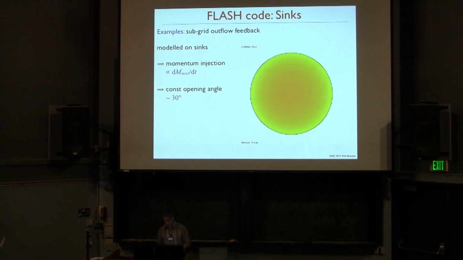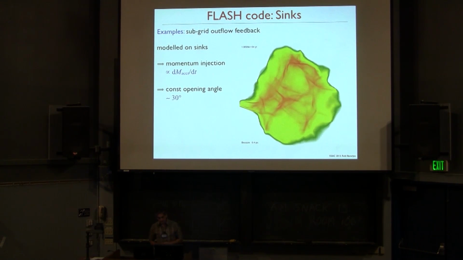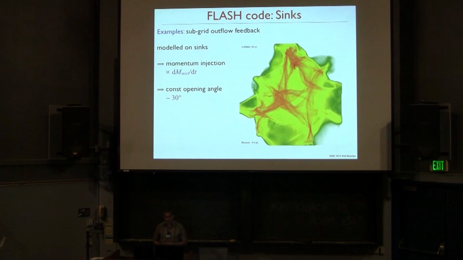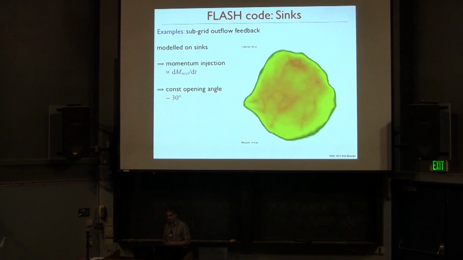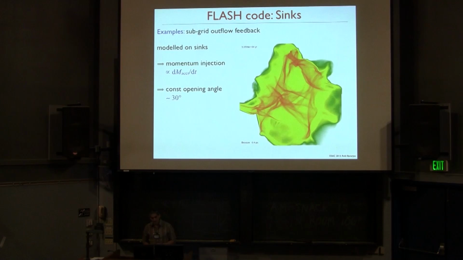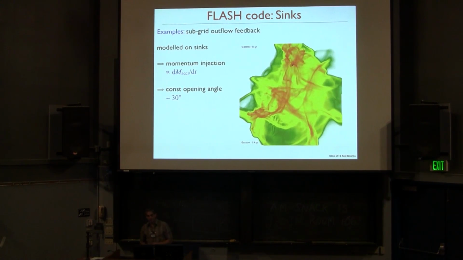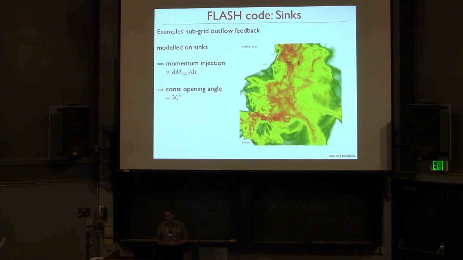Some of them are quite preliminary, but here we implemented, this is not a self-consistent outflow, what we will see here in this collapse of a turbulent cloud core, but a feedback model, a subgrid model linked to the sink particles. And you can kind of see how gas is accelerated essentially from the region where you form stars or protostars. And this is a fairly crude model, which I also recommend to you to use.